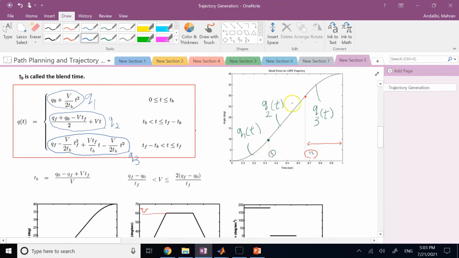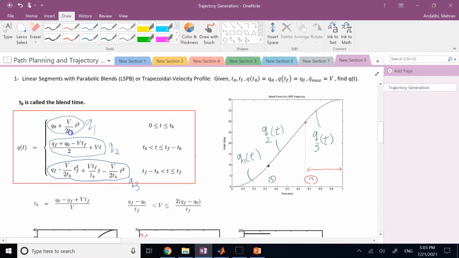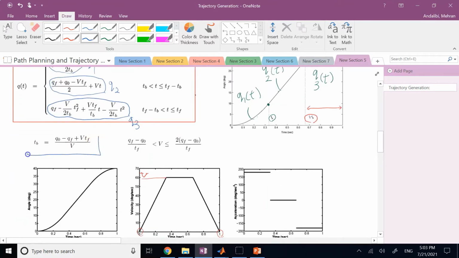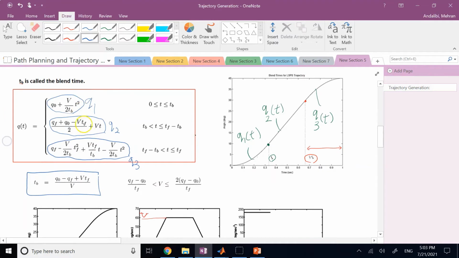The next one is between time blend to t final minus time blend, and the last one between t final minus t blend and t final. Okay, now not only you get all of these 8 coefficients, t blend is one of your unknowns, and you can also solve for t blend, which is going to be q initial minus q final plus V t final divided by V. So here are the solutions to the 9 equations and 9 unknowns.